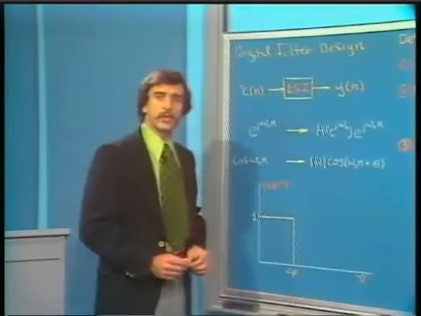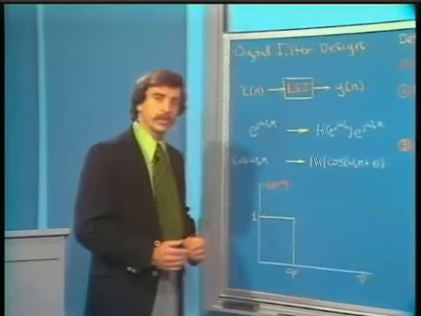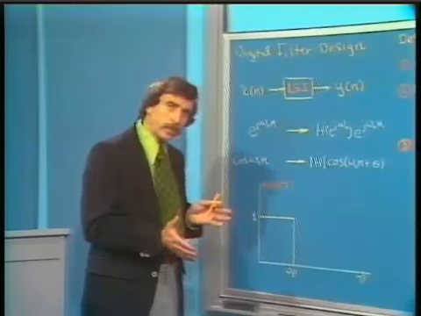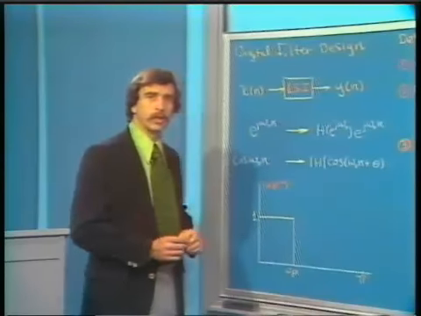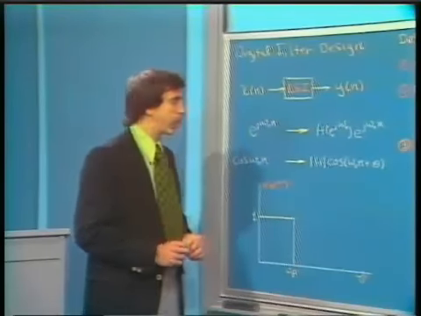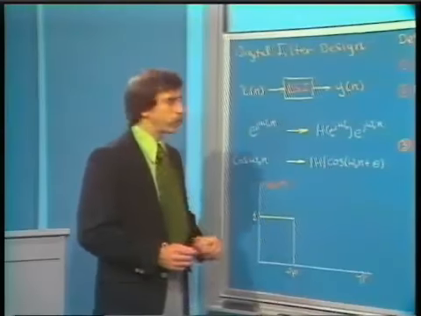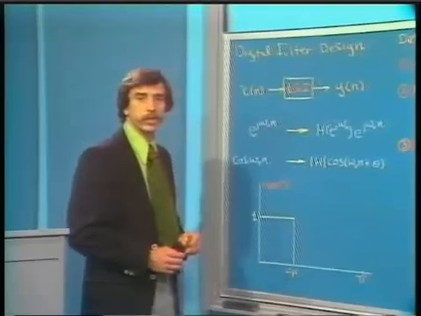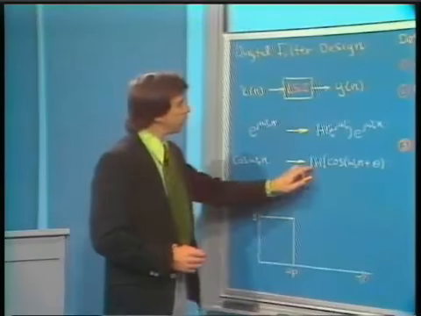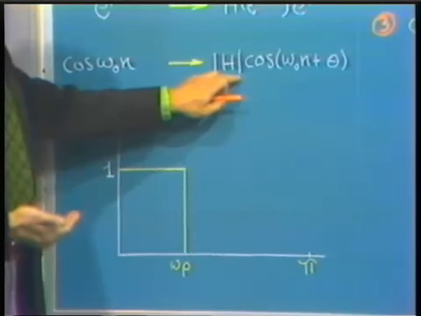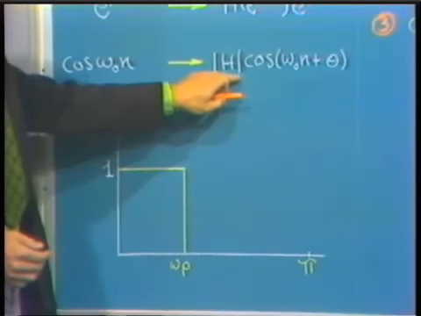If those two signals are in different frequency bands, in other words, their spectra occupy different segments of the frequency axis, then we can choose the system function for the linear shift invariant system so that it is unity in the band of frequencies that we want to keep, and it's zero in the band of frequencies that we want to reject.